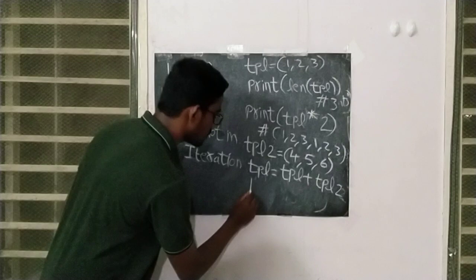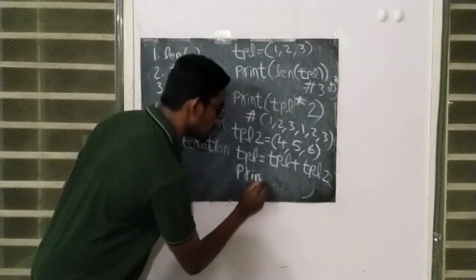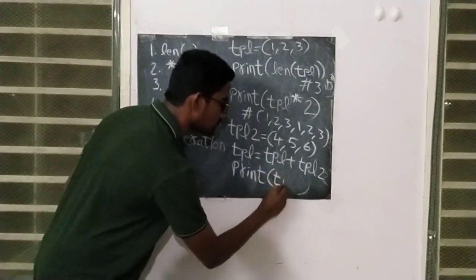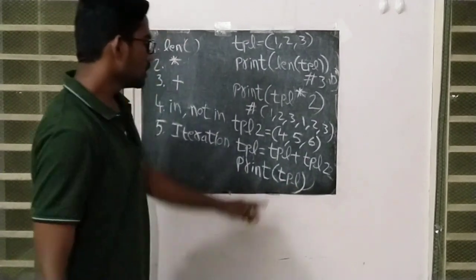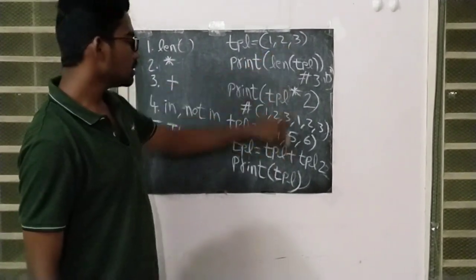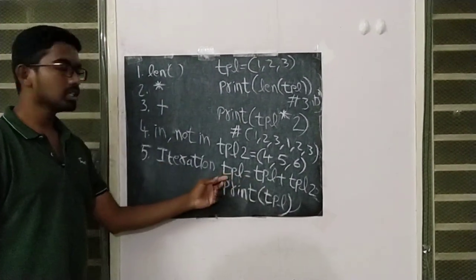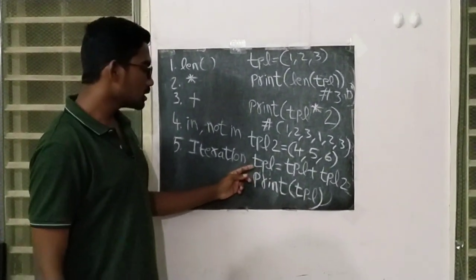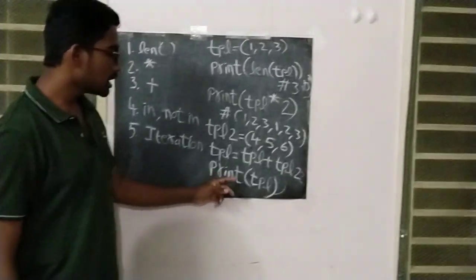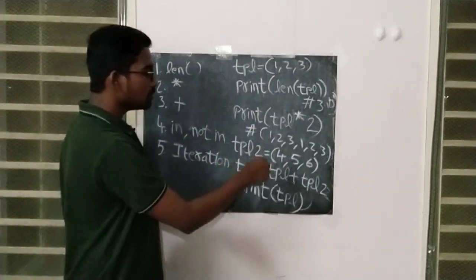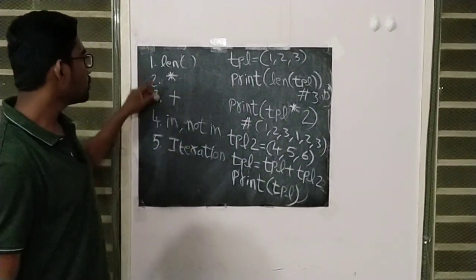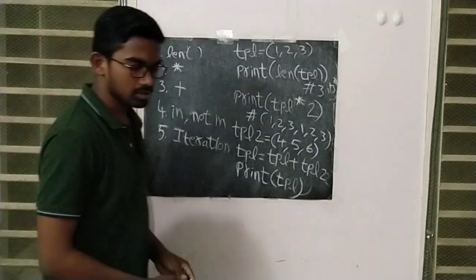Now print TPL. The TPL elements 1, 2, 3 and TPL2 elements 4, 5, 6 will be added and assigned to TPL, and that resultant tuple is printed on the screen: 1, 2, 3, 4, 5, 6. This is the example for length, repetition and concatenation.